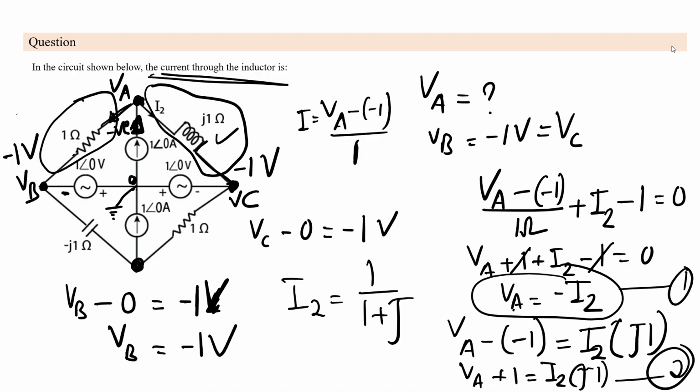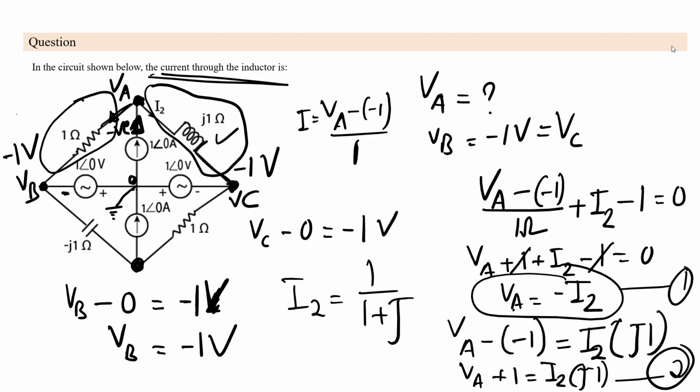Across a particular node, you have to make a reference voltage at one node so that you can find out the voltage at another node. So in the center, suppose I'm grounding the terminal in between at 0 volt, so VB minus 0 is equal to minus 1 volt, so VB will come out to be minus 1 volt.